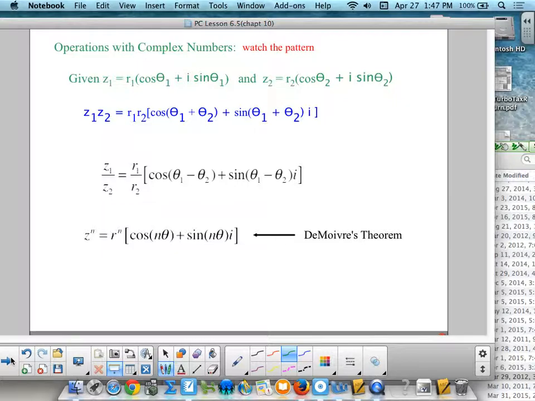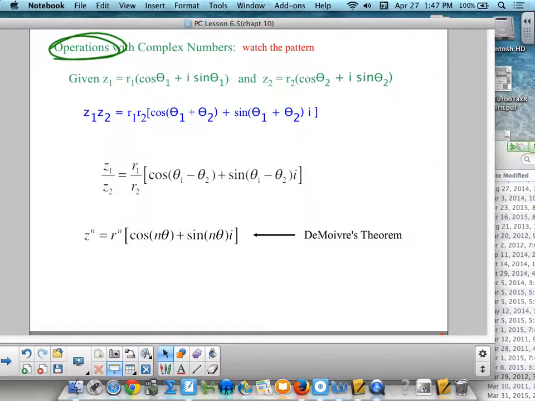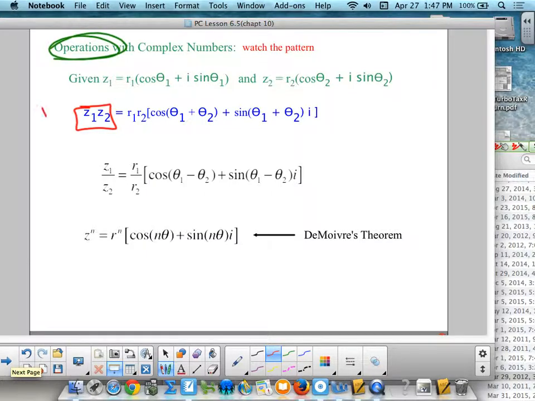Okay. What are you going to do with these complex numbers that are in polar form? You're going to do 3 things today. What operations are you going to do? You are going to multiply. And then this one is you're going to take a complex number and raise it to a power.